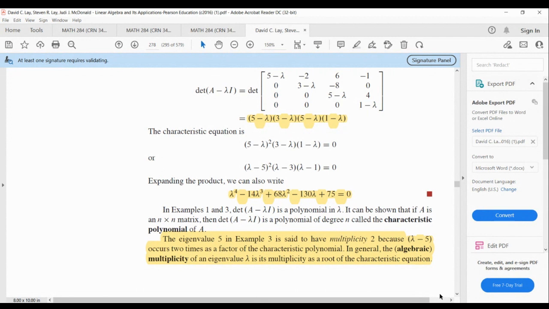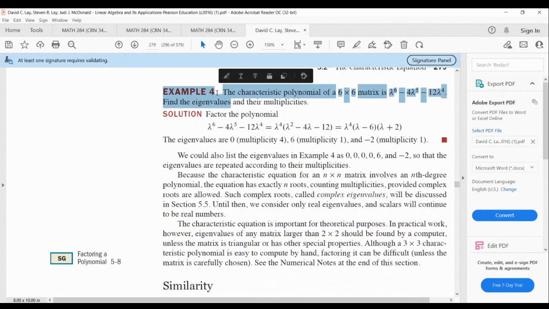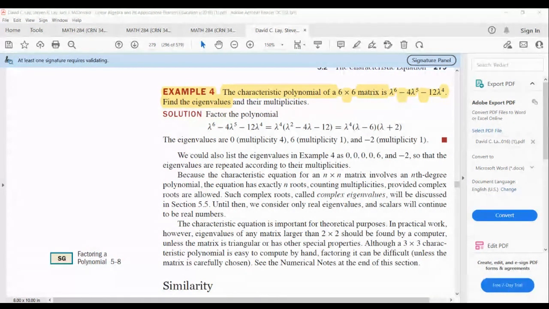All right, let's do a little bit more here. So example 4. They have a characteristic polynomial, find the eigenvalues and their multiplicities, and they're having you factor the polynomial. But again, this polynomial is very easy to factor. So in your homework, if it says factor a polynomial, it should be easy to factor.